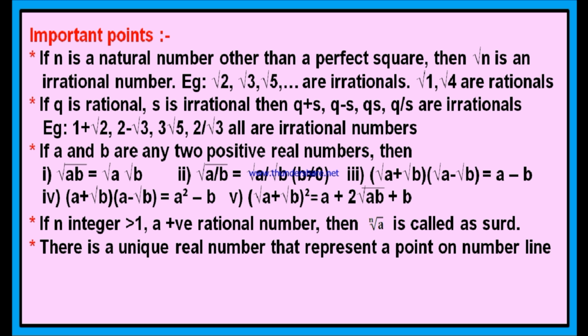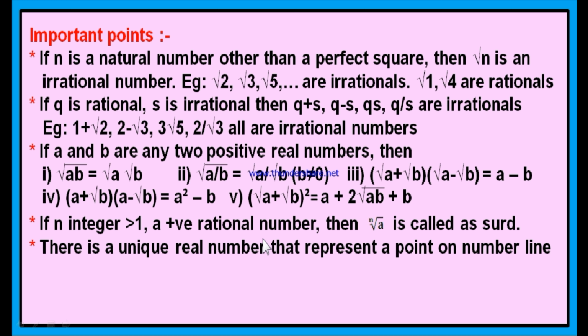Now on a straight line, as we know that there are infinite points, every point represents only one real number, unique. Here you see there is a unique real number. Unique means only one, single. There is a unique real number that represents a point on a number line. If we consider a point, that point may be represented by only one real number. If we take another point, you will get another real number.